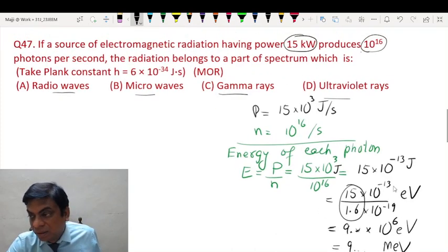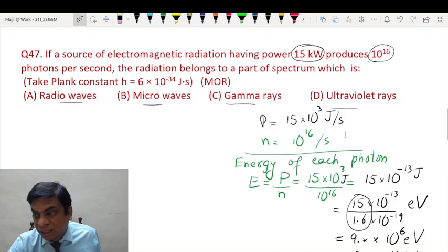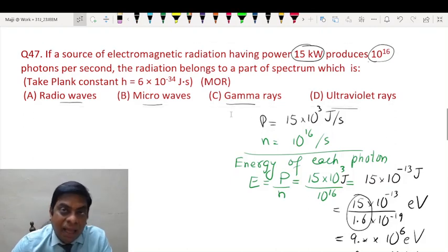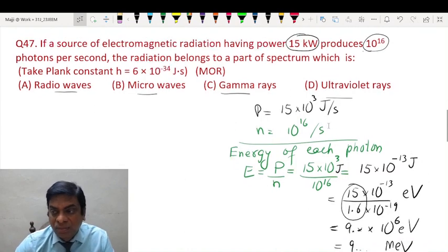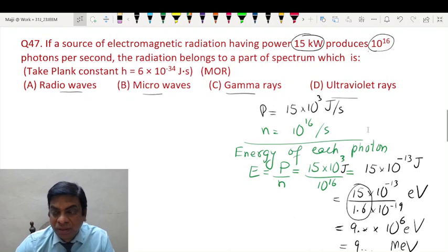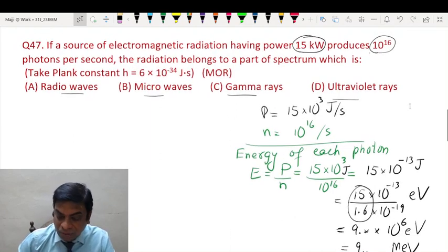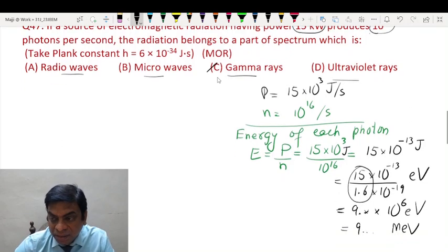And if you are aware of the fact that only gamma rays have energies of the order of million electron volt, if you have solved any numerical related to gamma rays, you would have observed that their energies range in million electron volt. So without any doubt, you can mark this as the gamma rays.